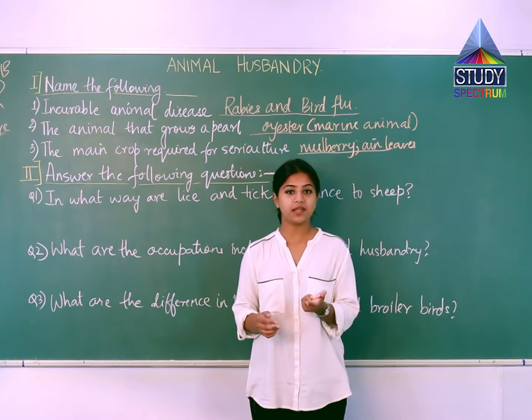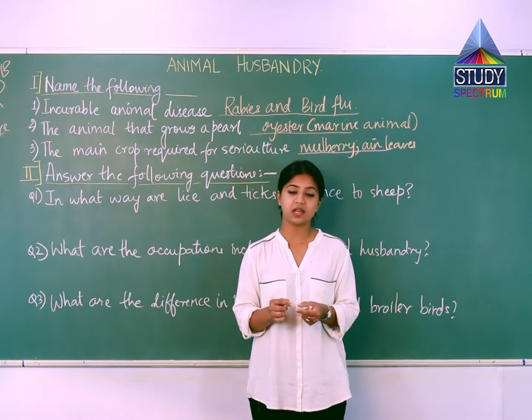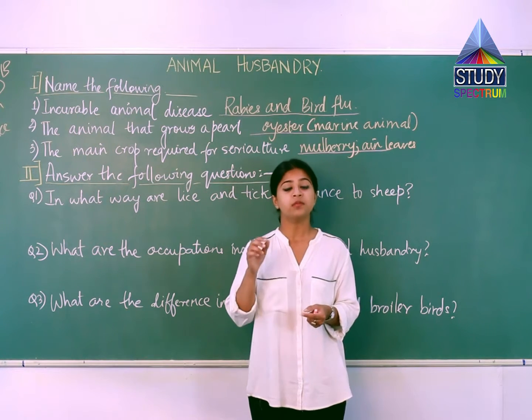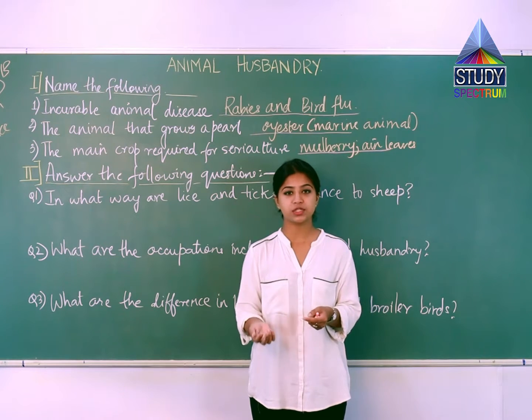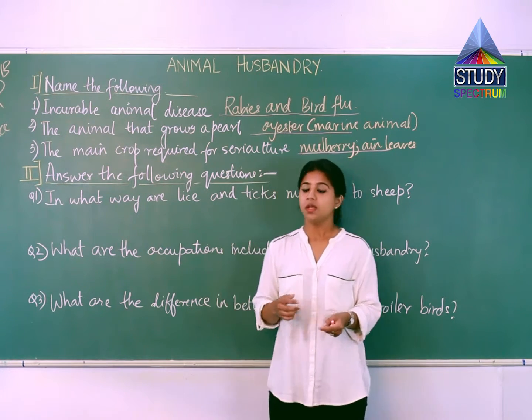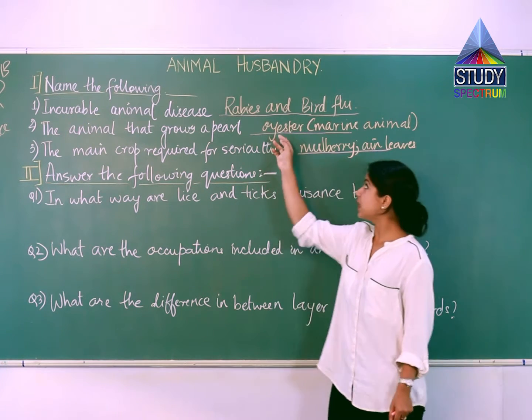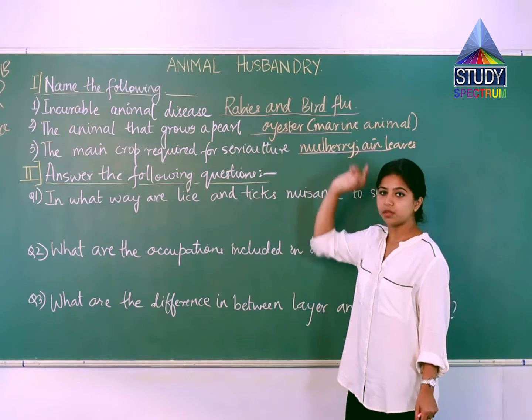Also, we learned that there are technologies that insert one grain of sand into the body of an oyster to increase the production of pearls. So we also learned that the oyster is a marine animal.